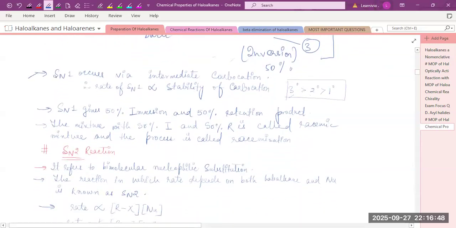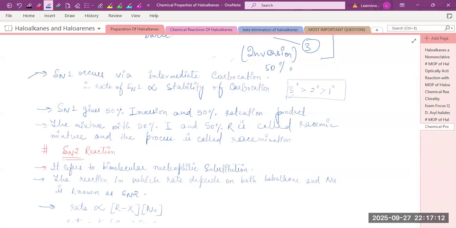Okay, now see this point. So SN1 reaction occurs via intermediate carbocation. Okay, so you can see over here, SN1 कैसे बनता है? It forms via intermediate carbocation formation. So here, the rate of SN1 unimolecular nucleophilic substitution reaction is directly proportional to the stability of carbocation.